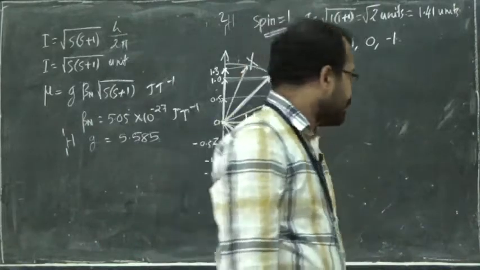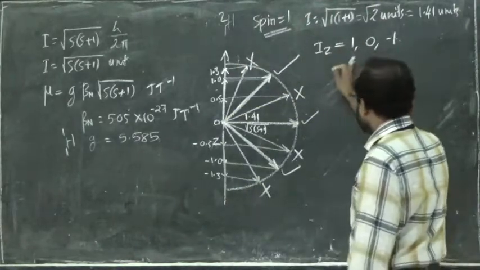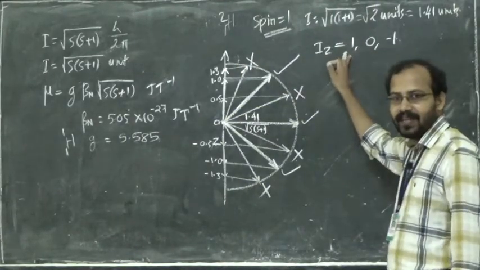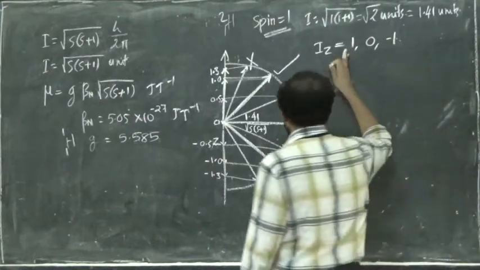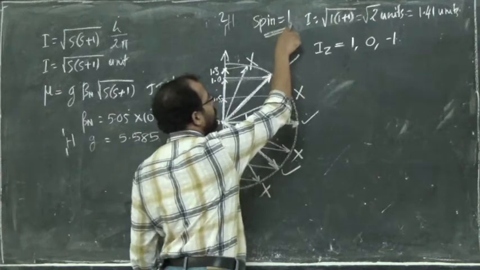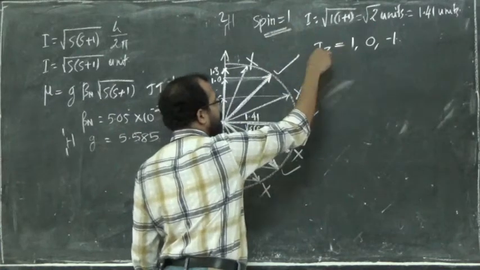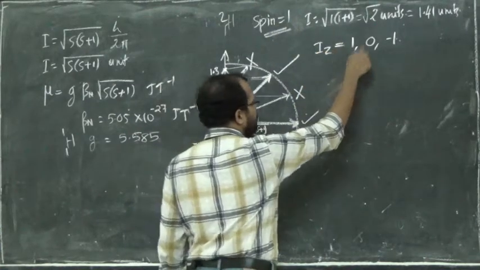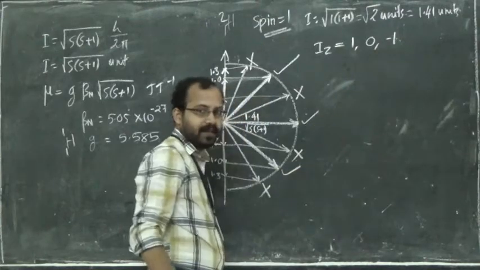So here we can come to a generalization. In this particular case S is equal to 1, or spin is equal to 1. That is why the Iz values are 1, 0, minus 1.